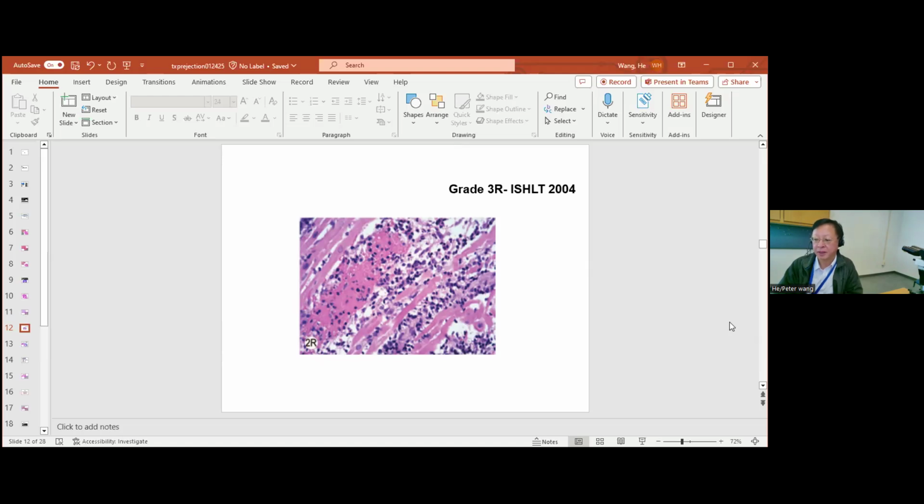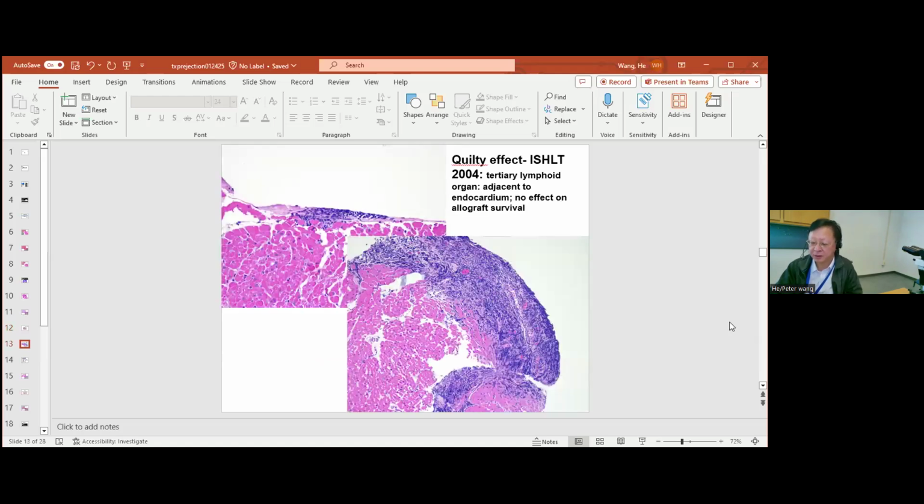That is basically my introduction to acute cellular rejection. If that were all, I think the job for pathology would be too straightforward. Things are not that straightforward. There is something like the Quilty effect.